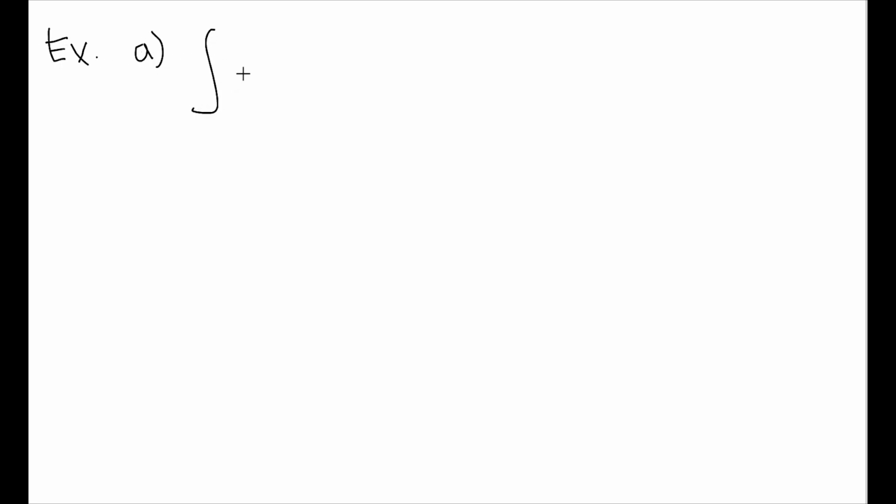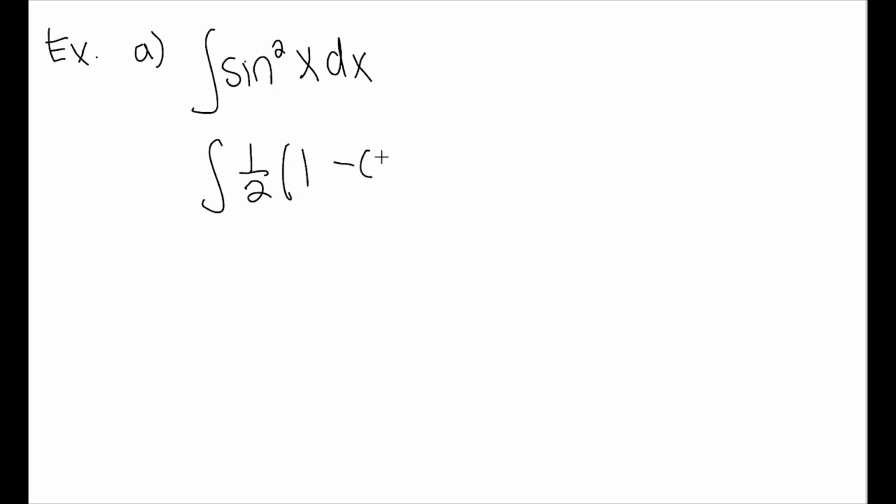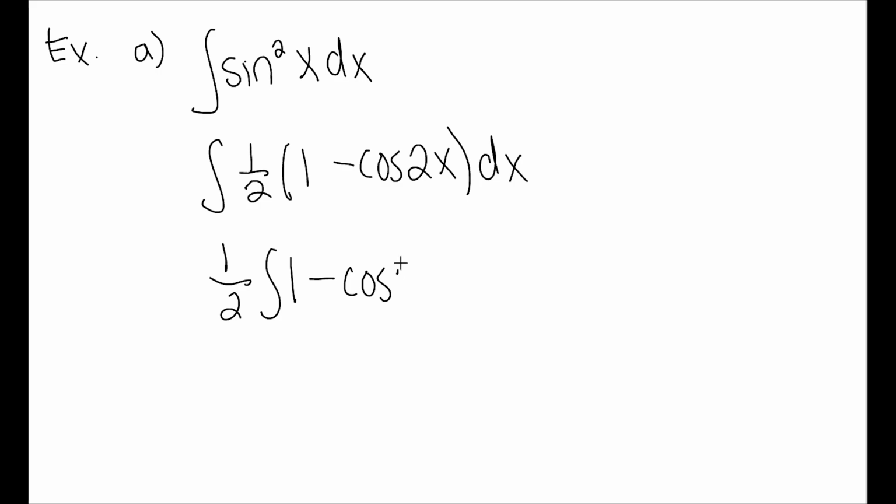So if we're asked to integrate sine squared of x, you'll replace that with 1/2 times 1 minus cosine 2x. Pull the constant out. And integrate what's inside your parentheses. 1 integrates to x.